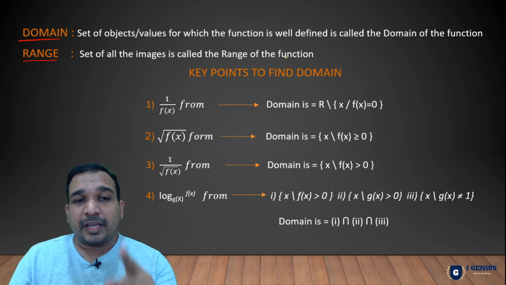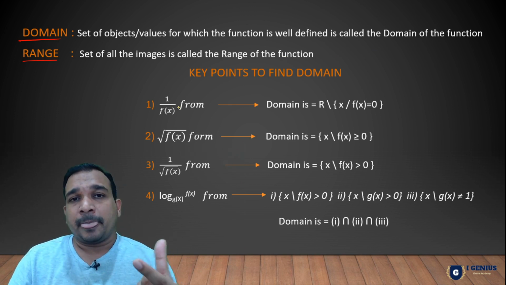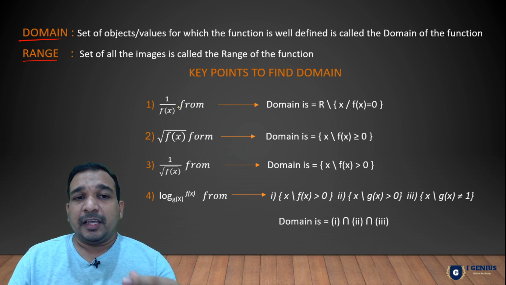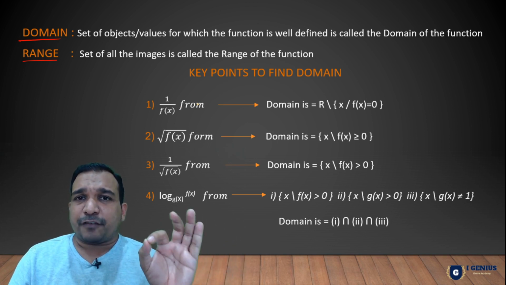Now today is the second definition. If a function is directly given like this, f of x, then what is the definition for the domain of that function? Here, f from A to B, A and B both are not given to us. Just a function is given.